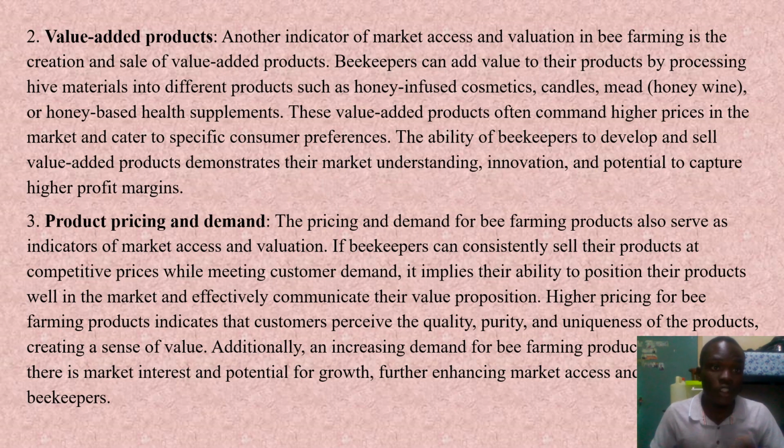The second indicator is value added products. Looking at the value added products, as we said, it is all about adding value to the product. It implies that bee farming is a creation and sale of value added products.